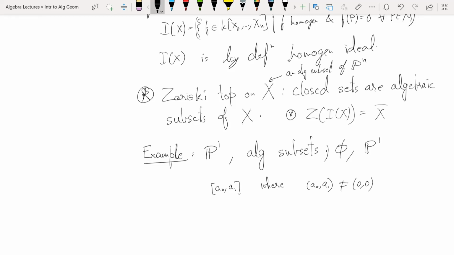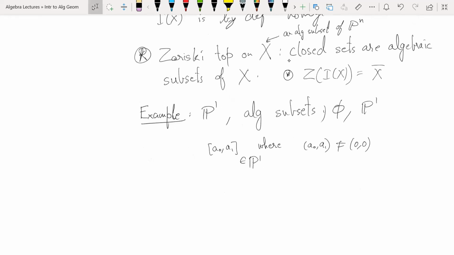If you want to know what the algebraic subsets of P1 are, one can ask whether a point in P1 is an algebraic subset. So this should be an algebraic subset, right? Like in the affine space. So we want to know whether this is an algebraic subset or not.